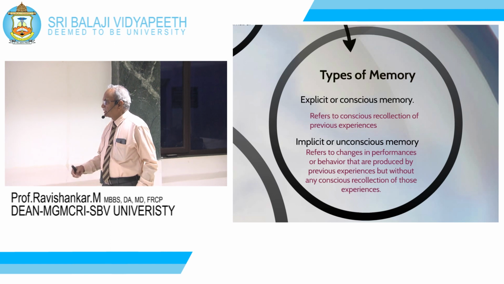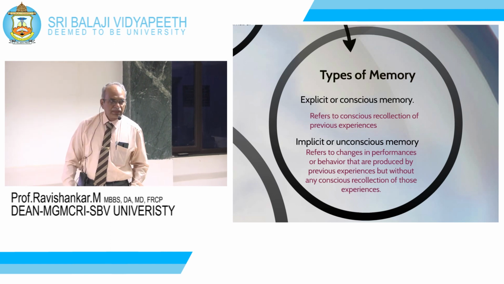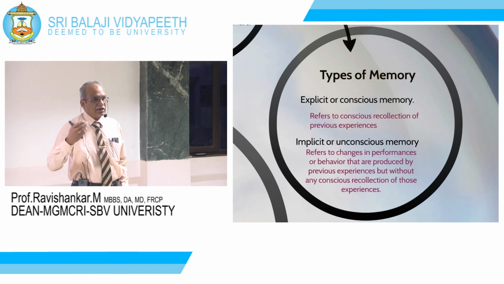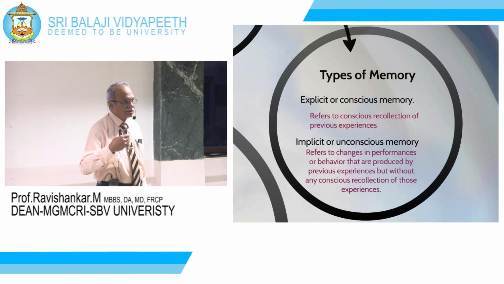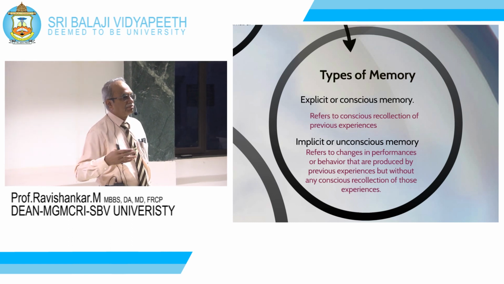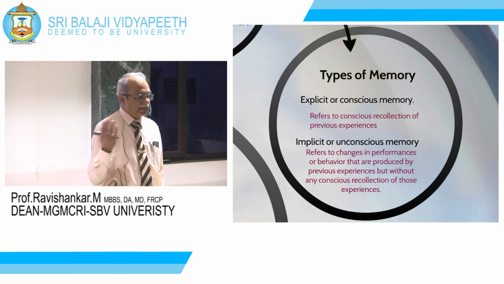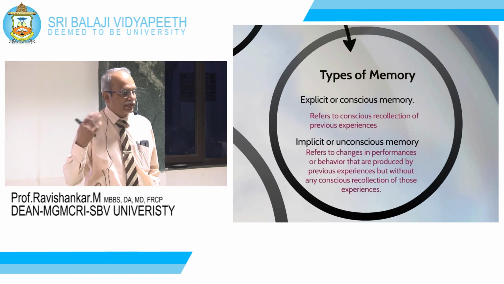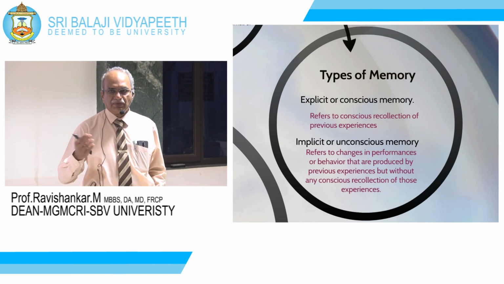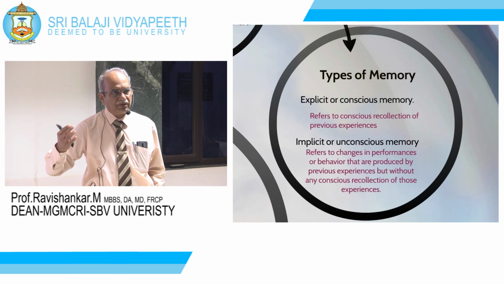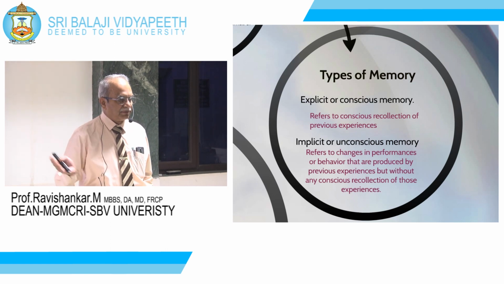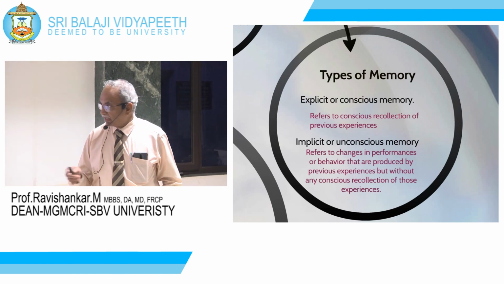That is the implicit unconscious memory, and it can have a lot of impact on the behavior of a person later. It can influence your thinking or your behavior even after a few years. That is what we should keep in mind.